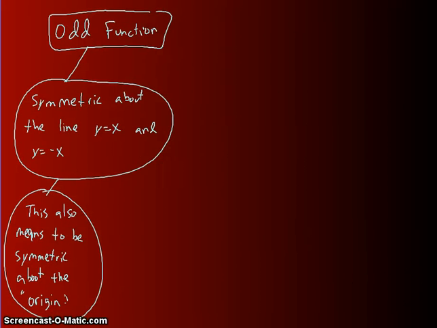It's an odd function if it is symmetric about the line y equals x and the line y equals negative x. This is also said to be symmetric about the origin, so that would be the place right here. So if it's an odd function, it's symmetric about both of those. One example is a graph like y equals x to the third. It looks like this.